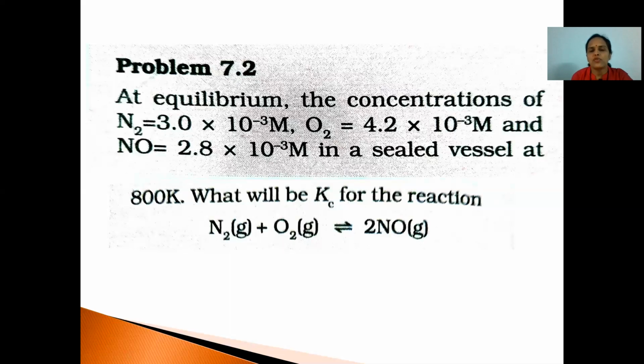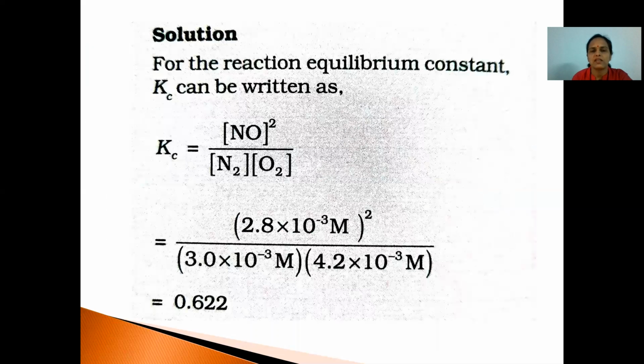So here again you will write Kc is equal to NO to the power 2 upon active mass of nitrogen into active mass of oxygen, and put the values and calculate the value of Kc. So as I said, Kc is equal to active mass of NO to the power 2 divided by molar concentration of nitrogen into molar concentration of oxygen.